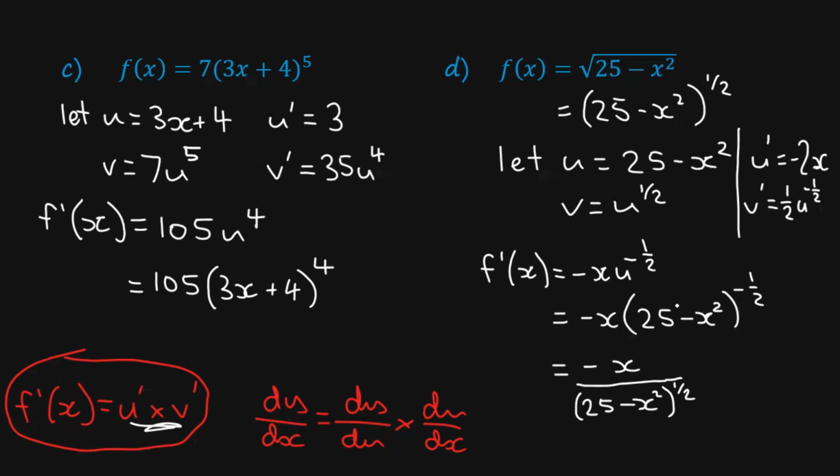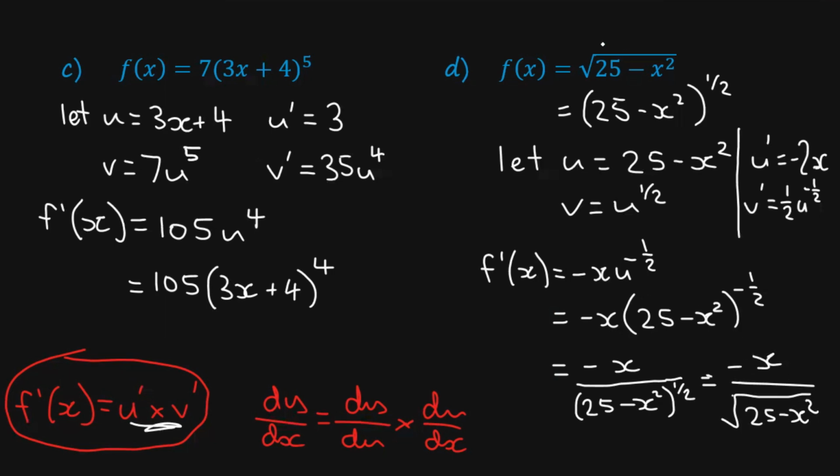Whenever you have a negative index like that, you have to invert whatever you're dealing with. So in this case, I do 1 over 25 minus x squared to the power of a half. And then the final answer is going to be negative x over the square root of 25 minus x squared. I think that's right. Yeah, that looks good. And that's it.